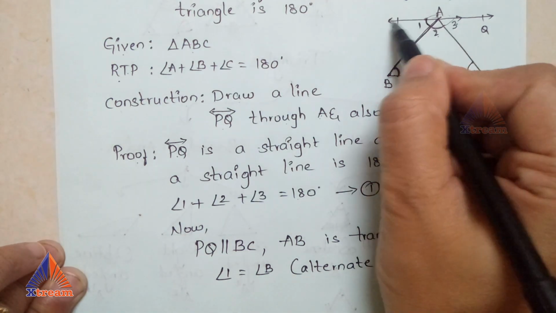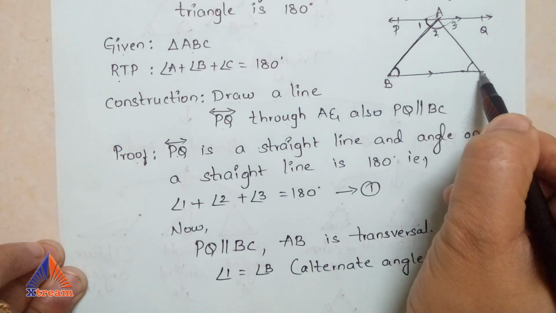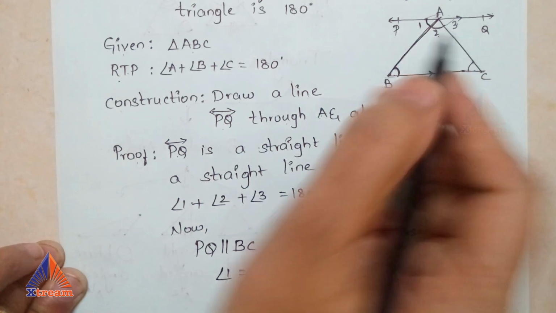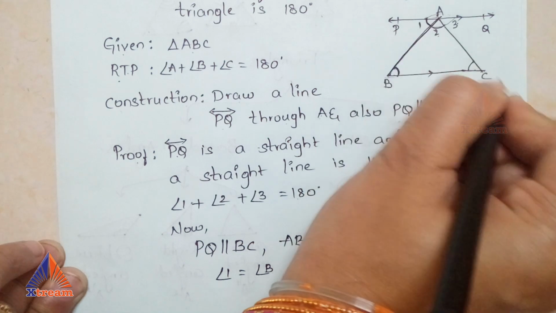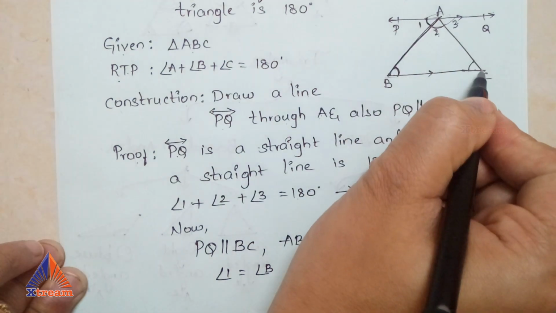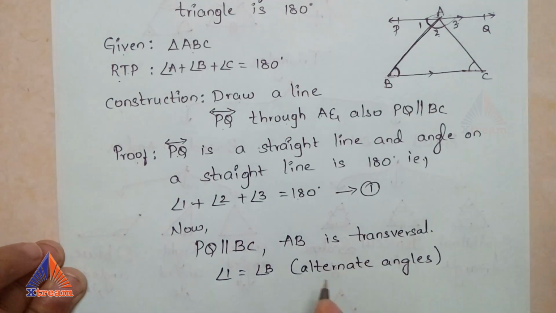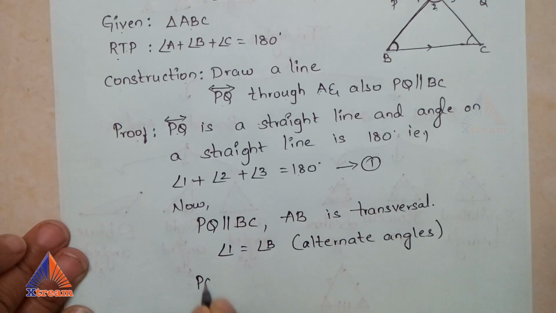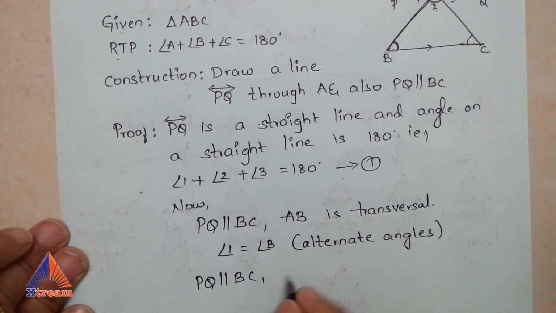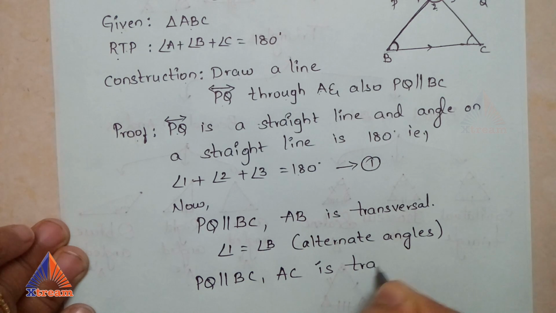Now, I consider the same PQ parallel to BC, but here I change my transversal, because BA and CA both act as transversals. So I take CA as my transversal now. I write here, PQ is parallel to BC, but now AC is the transversal.